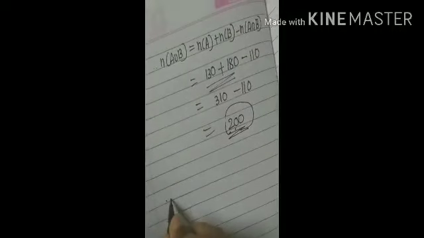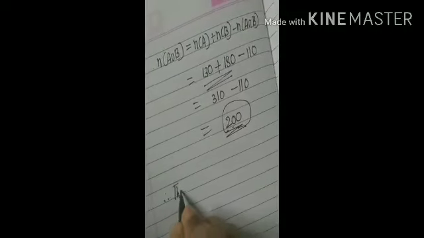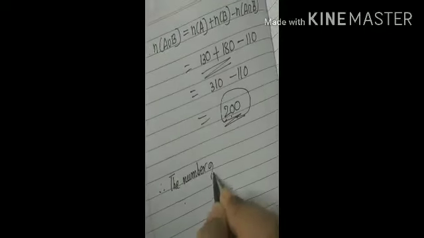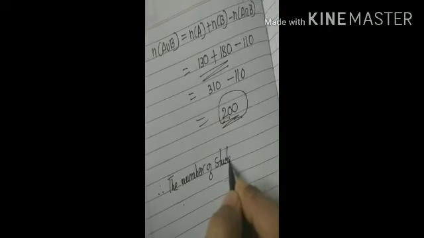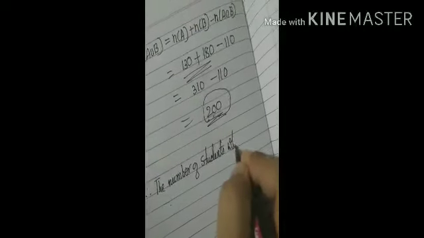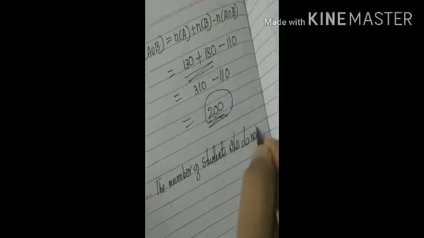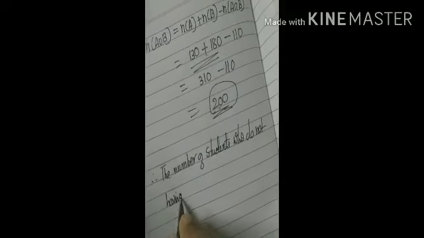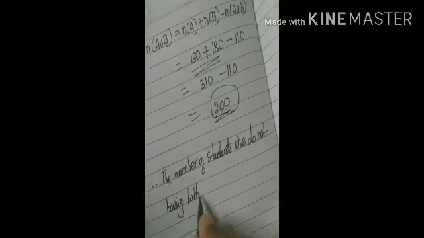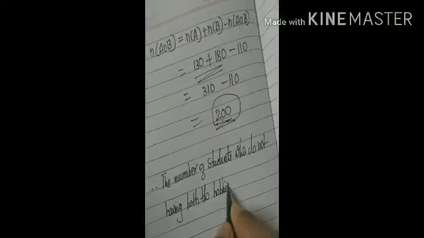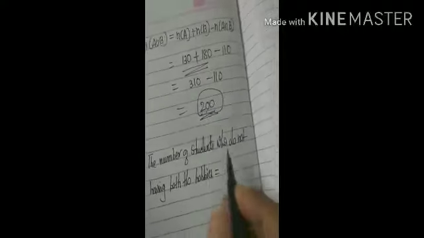Now we have to find out the number of students who do not have both the hobbies. So write down, therefore the number of students who do not have both the hobbies equal to universal minus union.